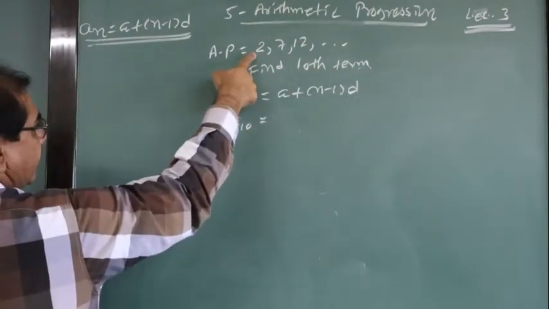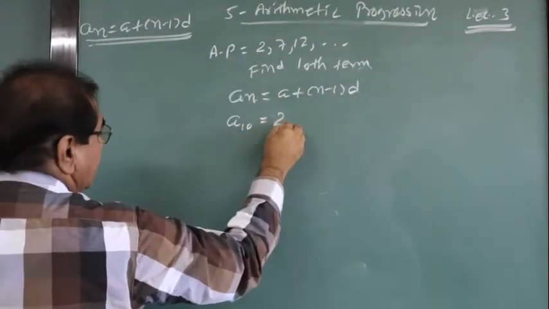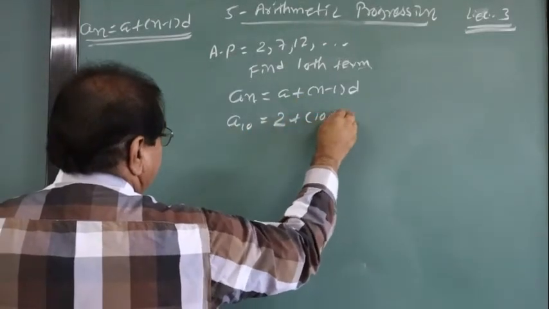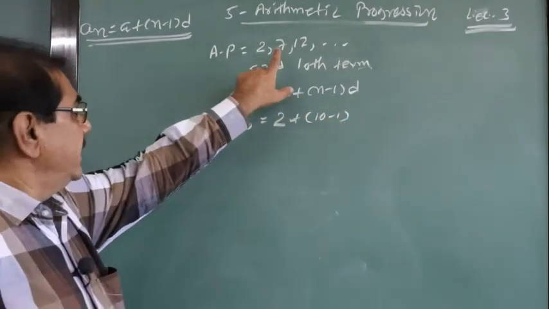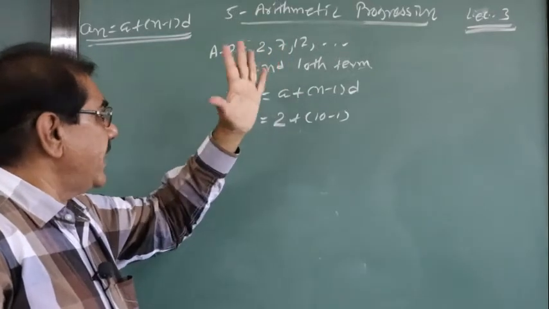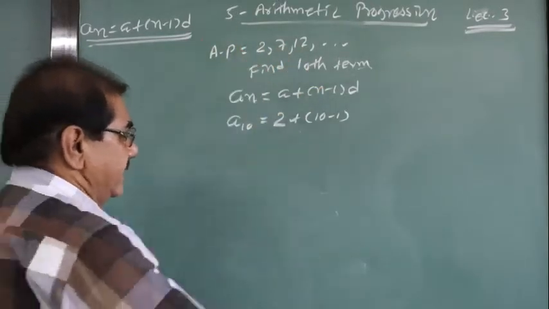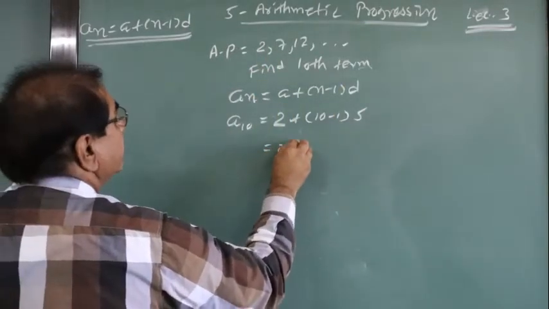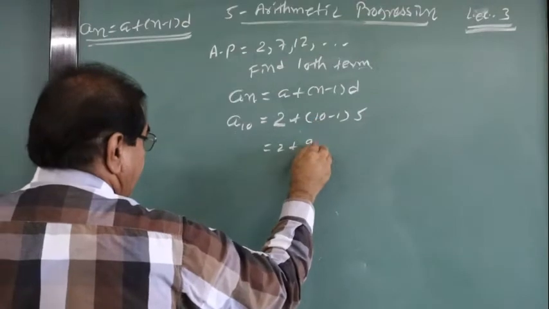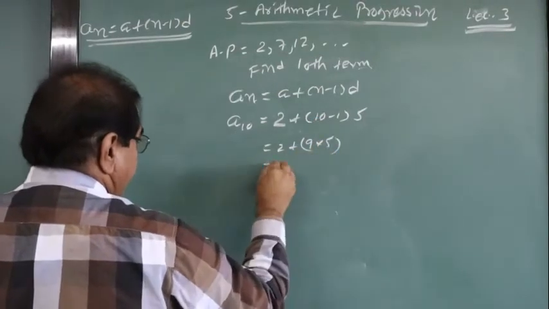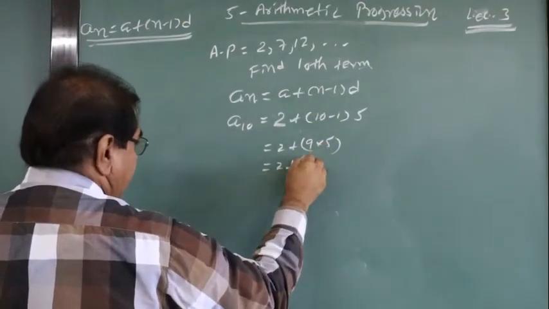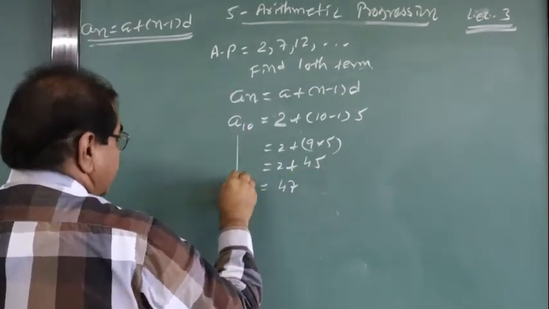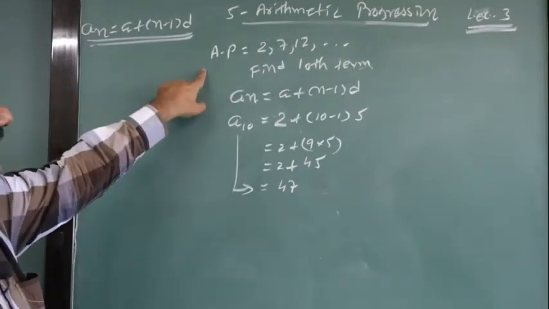What is A? The first term of the AP, 2. Plus 10 minus 1, and difference 7 minus 2, 5. 12 minus 7, 5. So difference is 5. So it is equal to 2 plus 10 minus 1, 9 into 5. So 2 plus 9 5s are 45. So 45 plus 2, 47. So this is your 10th term of the AP.